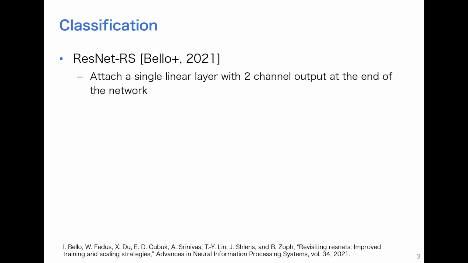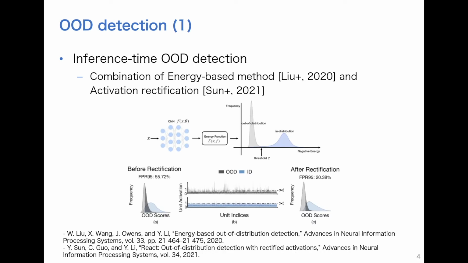We employ a ResNet for classifying color fundus images. Since it is two-class classification, a single linear layer with two-channel output is attached at the end of the network instead of the final linear layer of the ResNet. Our inference time OOD detection is based on an energy-based method combined with activation rectification.